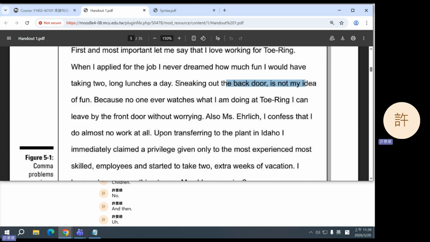Yeah, you don't need the comma. This is the subject. This is the verb. You don't need to separate them with a comma.